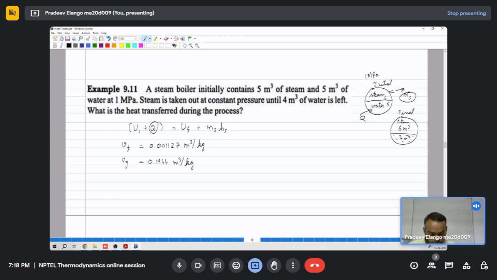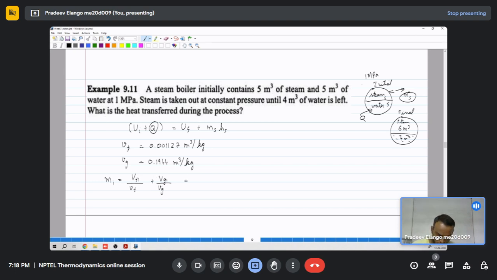Now we can calculate the total mass M, which is M1, the initial mass, because it will be different in the second state. That is the volume of the fluid by the specific volume of the fluid plus the volume of the gas by the specific volume of the gas. All these are first state.